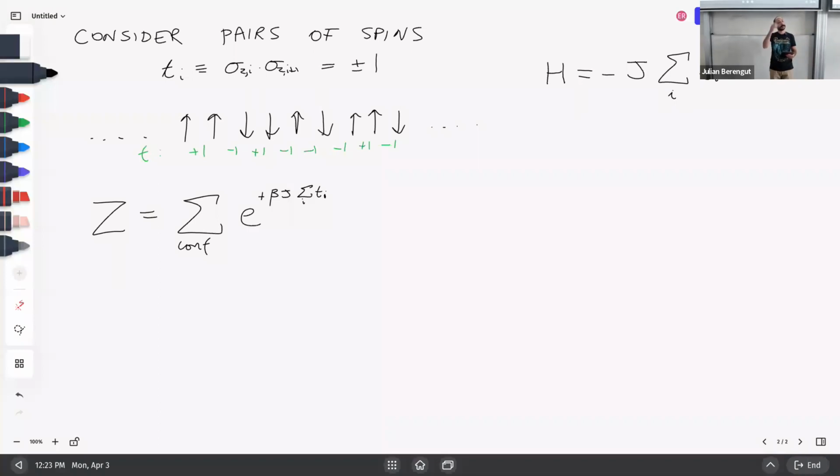And they're all independent. And it's a configuration. Have we done something like this before? Yes. In fact, it's exactly what we've done before. If we have independent spins, then I can write this as Z1 to the power of n. Always. If you want to do it formally, you can.